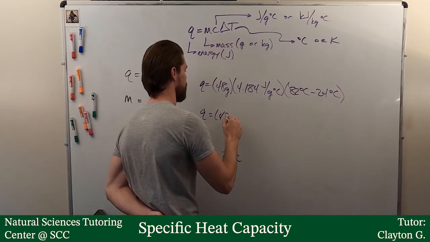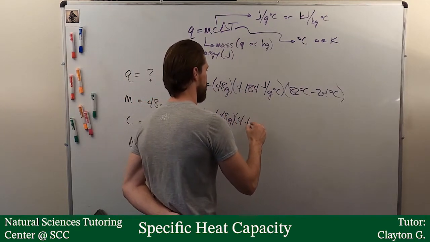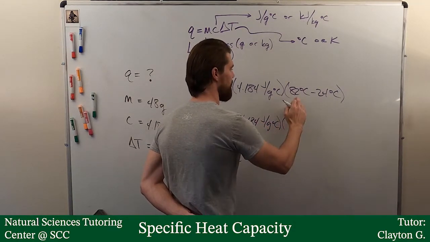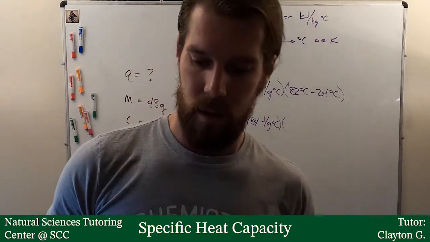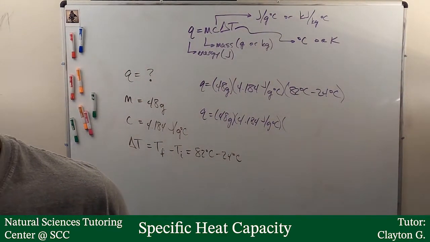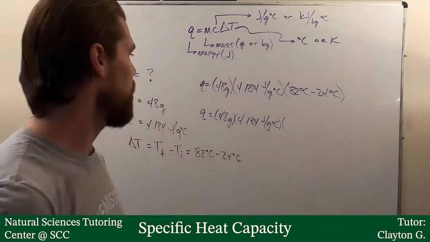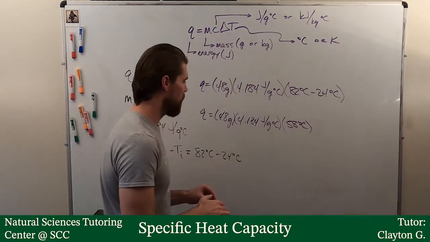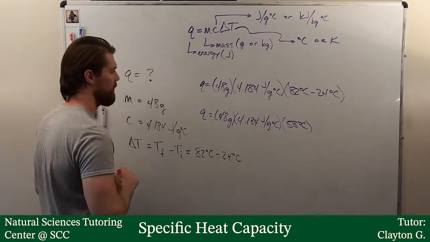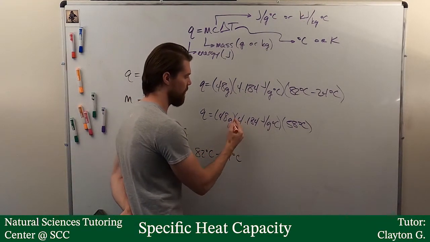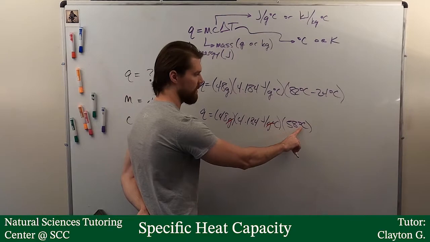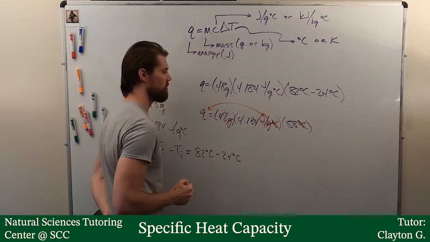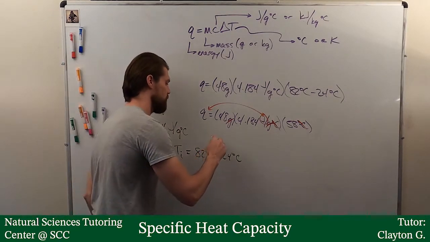Q equals 48 grams, 4.184 joules per gram degrees Celsius, and I'm just going to solve that real quick. 82 minus 24, all right, that's 58 degrees Celsius. And just a quick note on the units here: I can see grams divided by grams, degrees Celsius divided by degrees Celsius.